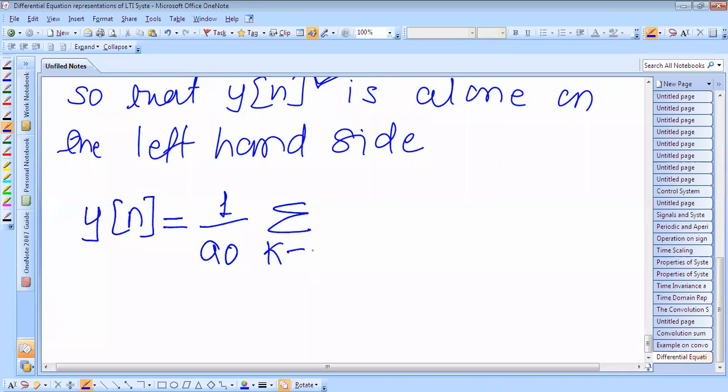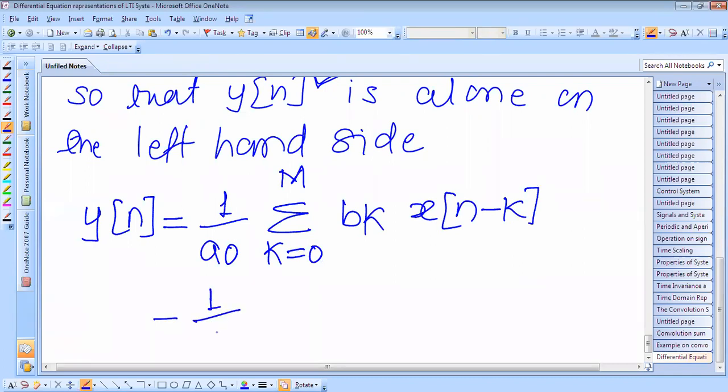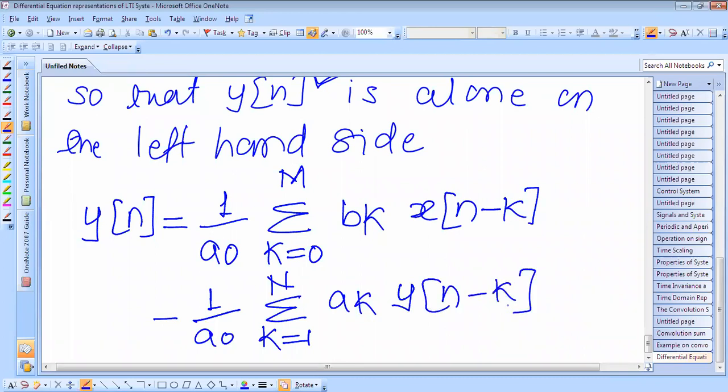Okay, so this is summation k equal to 0 to m, b k into x of n minus k, minus 1 over a naught, summation k equal to 1 to n, a k into y of n minus k.